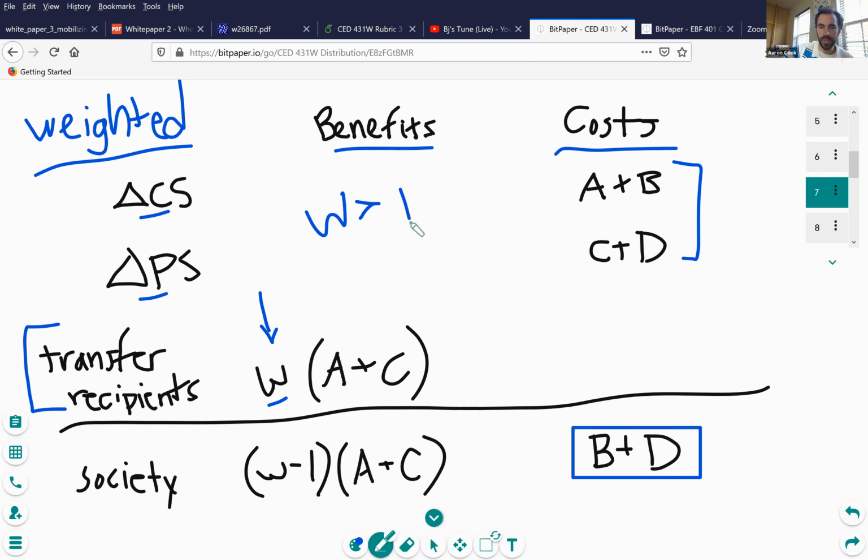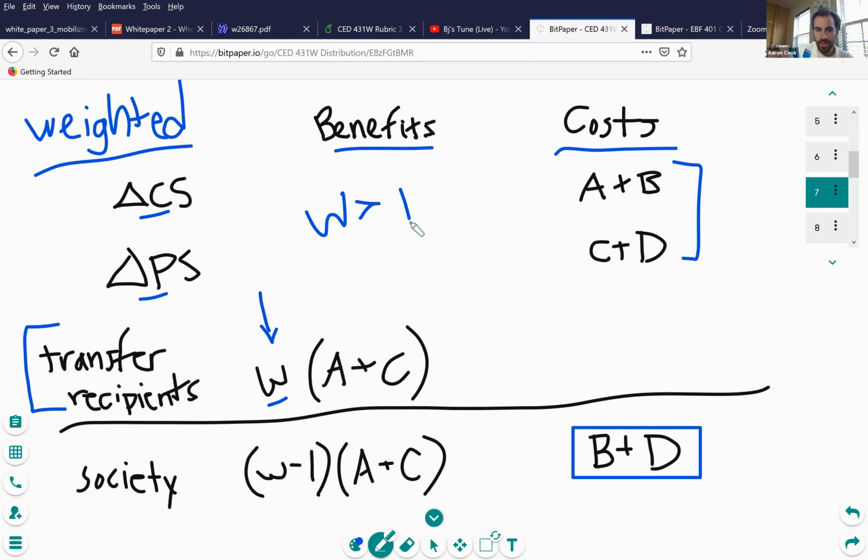So if you conduct this cost benefit analysis with this weighted version, we have benefits equal to W times A plus C. We have costs equal to A plus B plus C plus D.